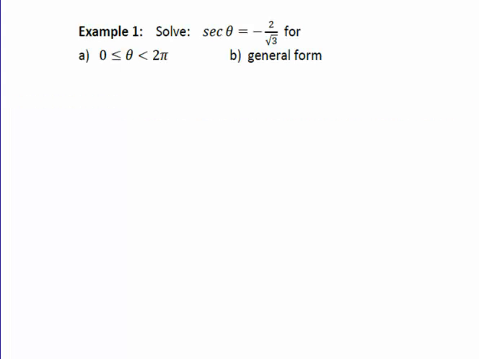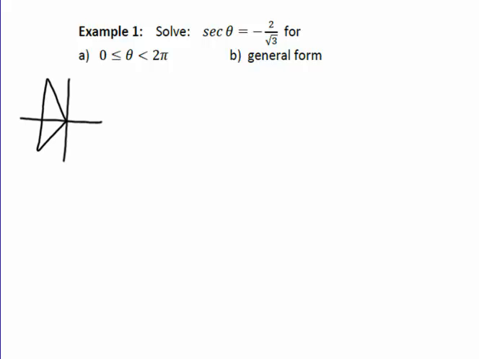Well, let's solve this one. To start, this should seem fairly familiar because we're trying to find secant theta when it's equal to -2 over root 3. And we did a whole unit finding these values. So secant is negative, which means it is negative in quadrants 2 and 3.